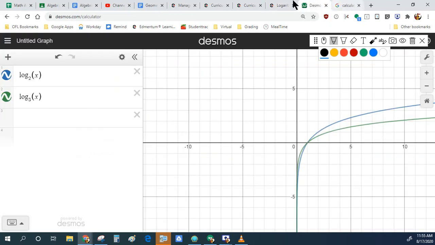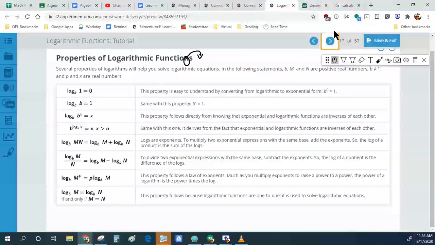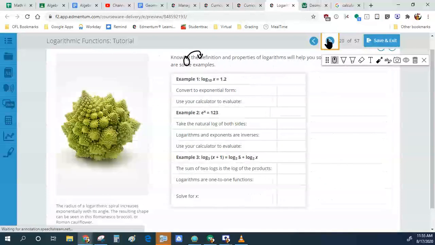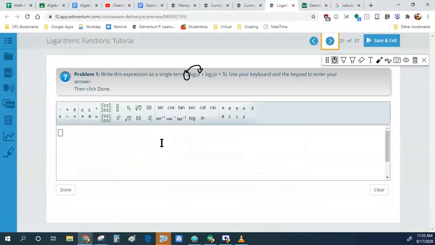That's all I'm doing. Going back, and it's going to get rid of everything I typed, huh? Yes, it did. x to the power of 2 plus log, argument is x plus 5.